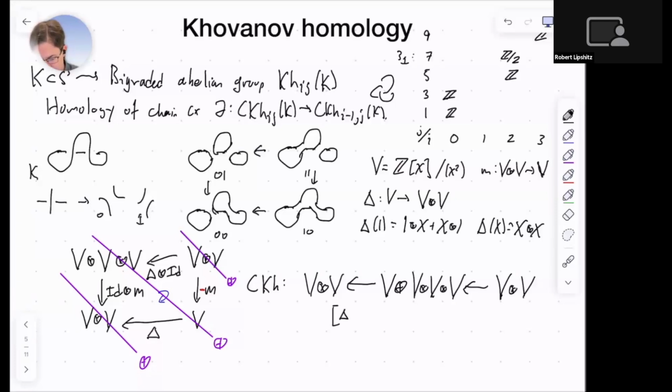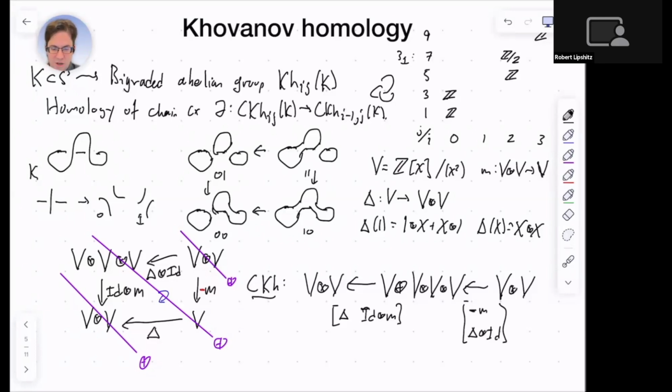So co-product on the first summand and id tensor multiplication on the second summand, or in this case, minus multiplication and co-multiplication tensor identity. So this is the Khovanov chain complex.